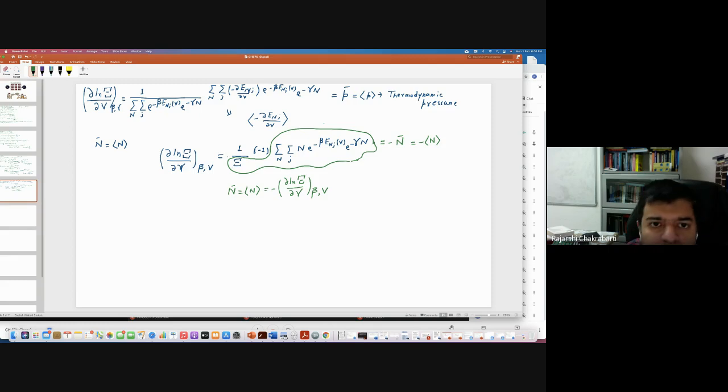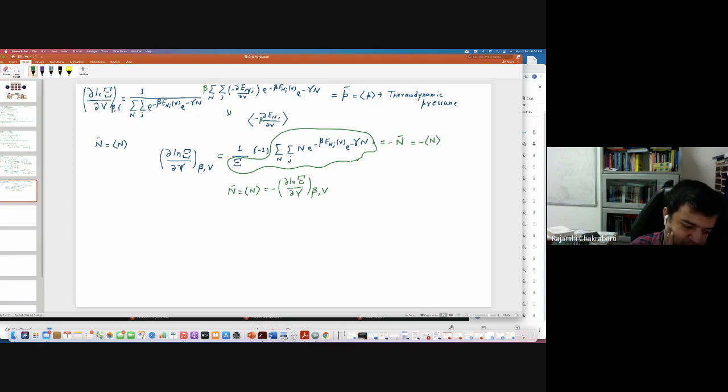There will be a beta. Somewhere I have to put it here. Okay, so I think the notation is like that. So with that, this is the definition of P. Okay, there's a typo.